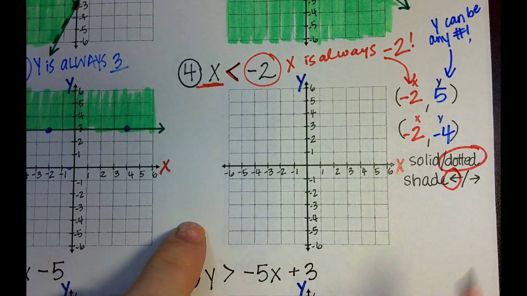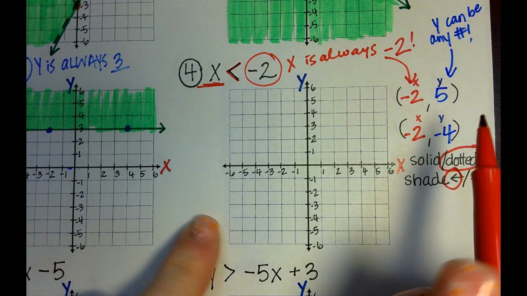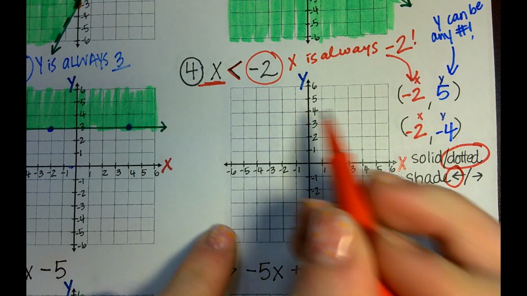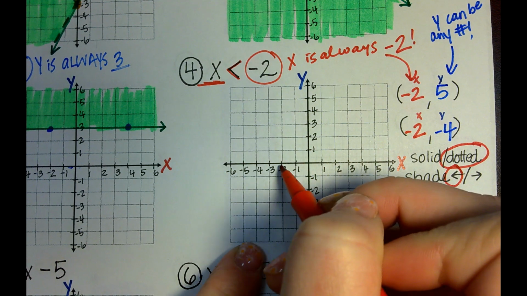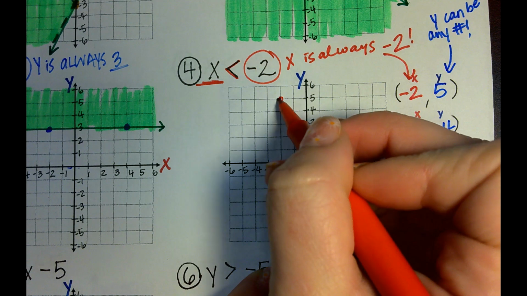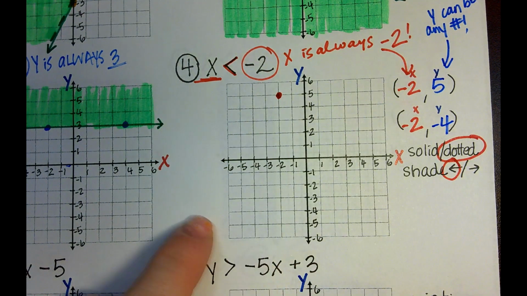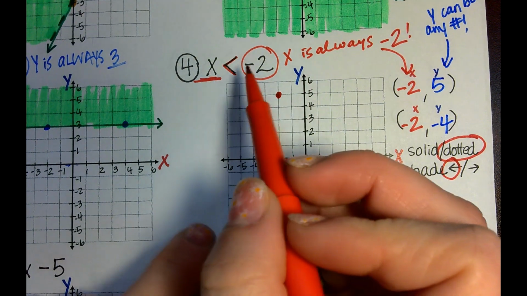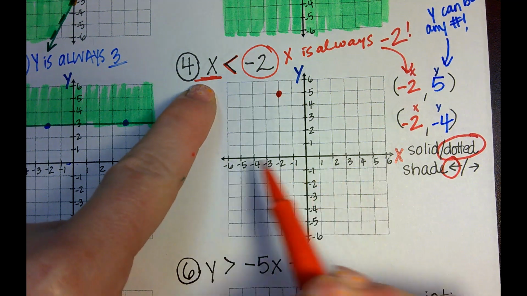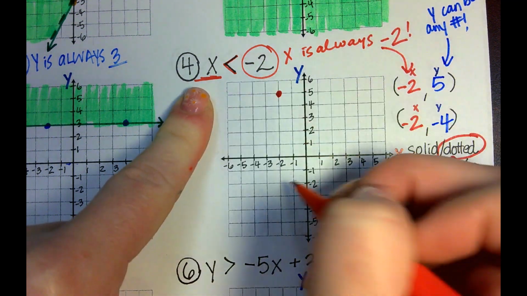Okay, so let's plot these points. We've got x is -2, y is 5. So I'm going to go over to -2 on the x-axis and up to 5 on the y. Whenever I see x is less than -2, I like to just go ahead right over to the x-axis and mark that -2.